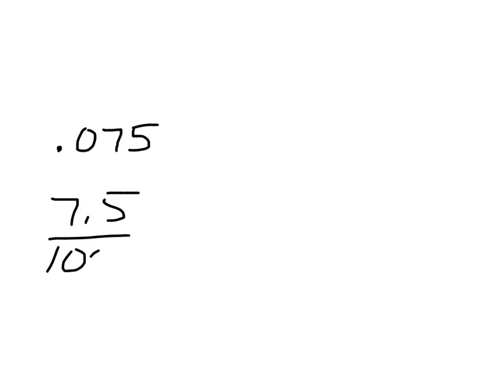So, first of all, the percent of copper in the mixture was 7.5%. How do you write that as a decimal? Another acceptable way of writing that, if you want to make it look like what we did on the first one, is you take 7.5 divided by 100.